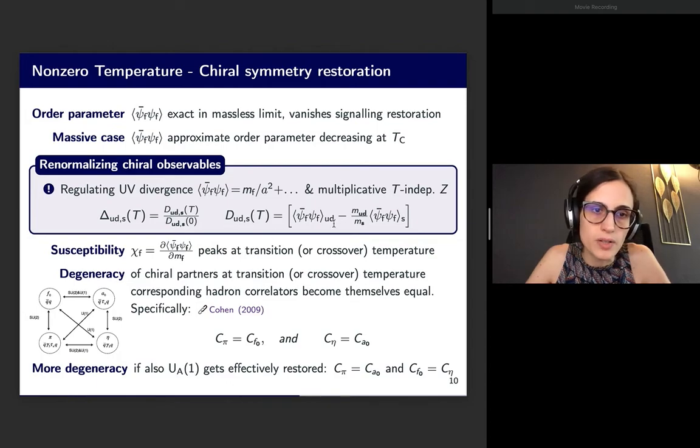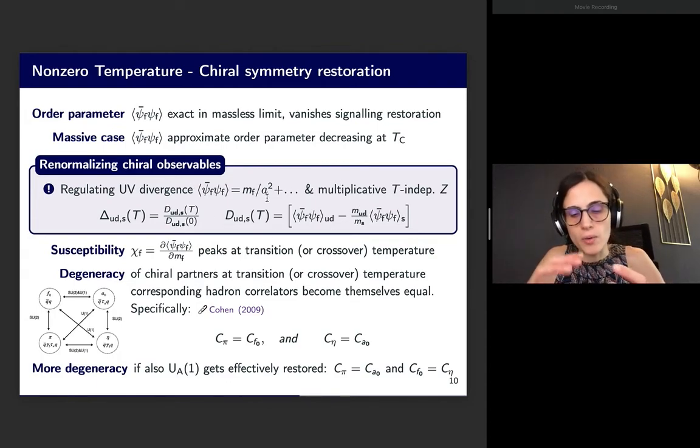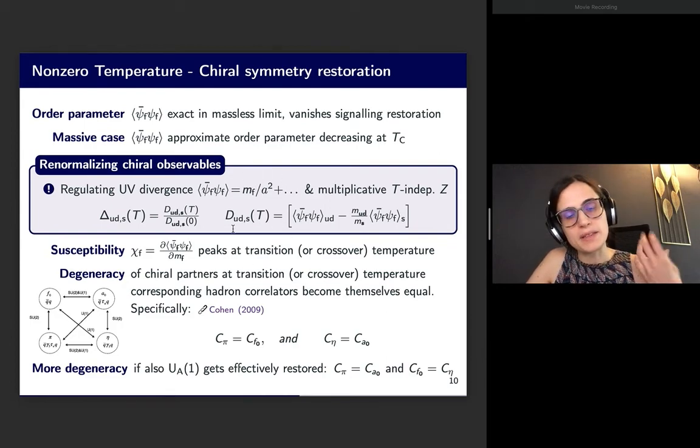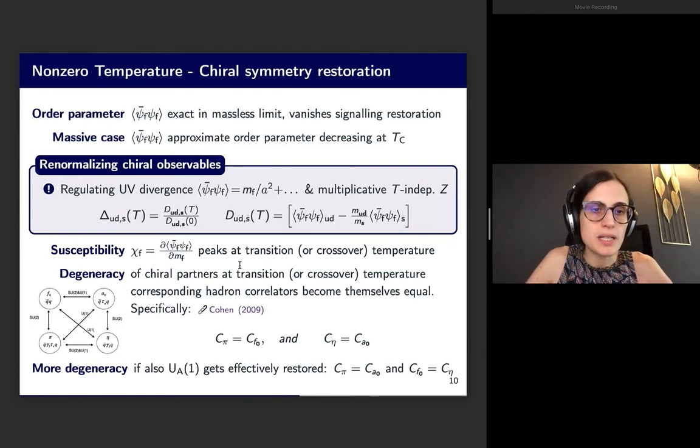And in this box, I'm just telling you how you can combine the light quark condensate with the strange quark condensate in an N_F equal 2+1 simulation in order to obtain a final order parameter which is free from ultraviolet divergences. But this is not specific to chiral symmetry, it is exactly what you also do when you look at the breaking of the Z3 symmetry.